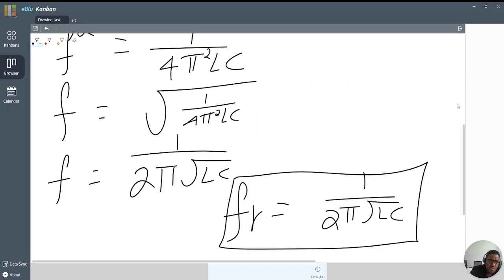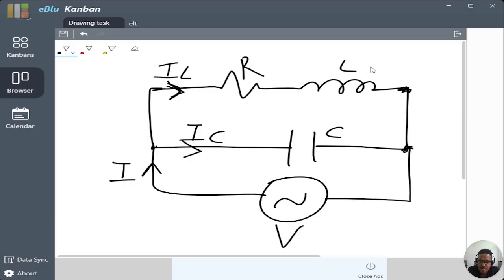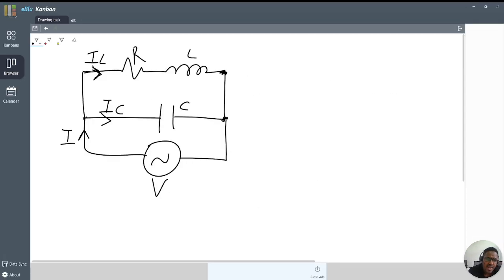Now let's look at this circuit to analyze a parallel resonant circuit. As shown in this figure, this is a parallel RLC circuit.